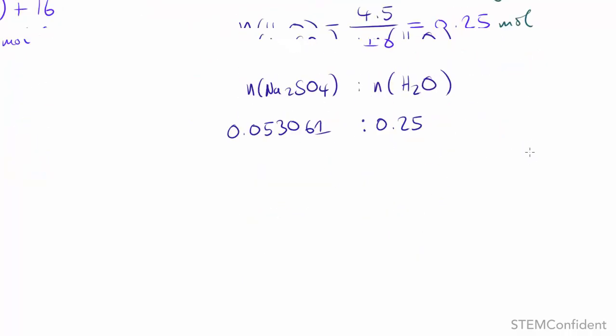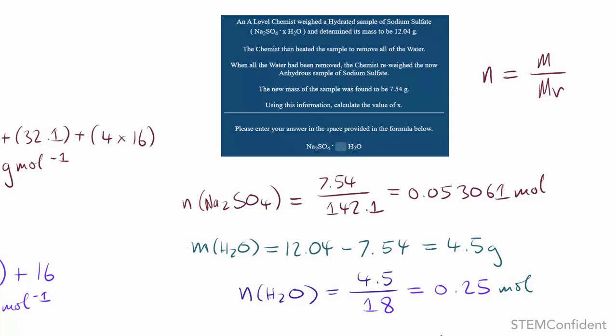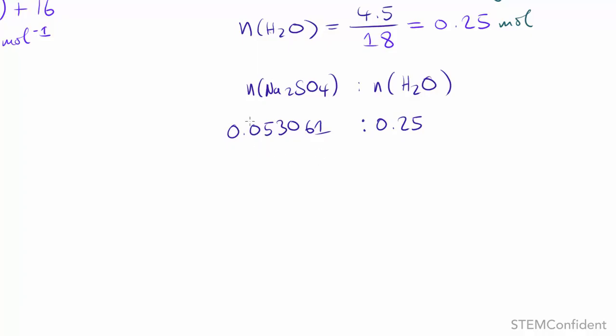and as I said, really we're asking for every 1 mole of Na₂SO₄. Here, clearly this is not 1, so we want to get this value on the left hand side to be 1. And the way we're going to do that is by dividing it by itself, right? So if we divide it by 0.053061, right? And if we do that on to the other side as well, divide it by 0.053061, what we're going to get on this side is 1, right?